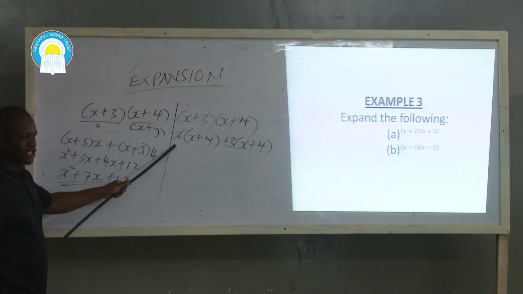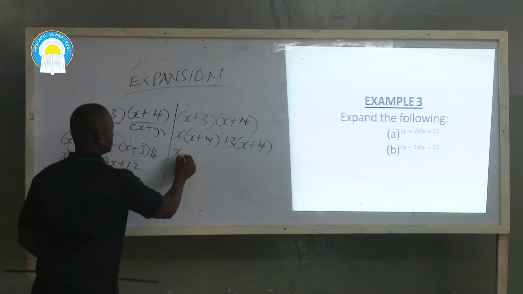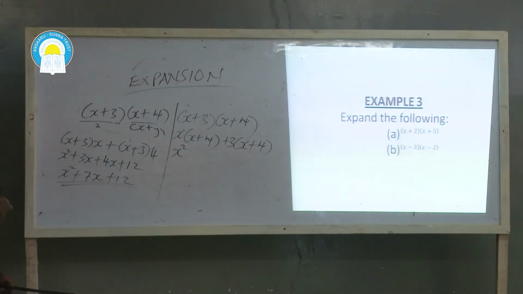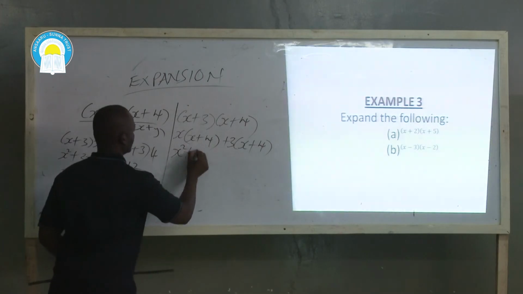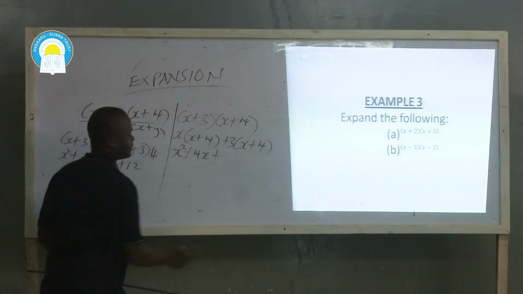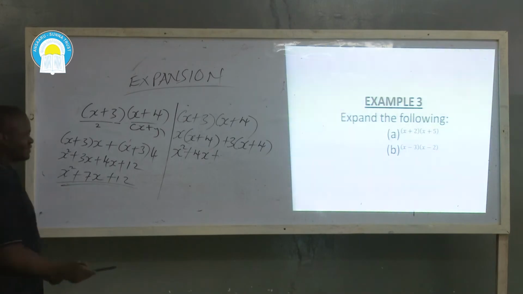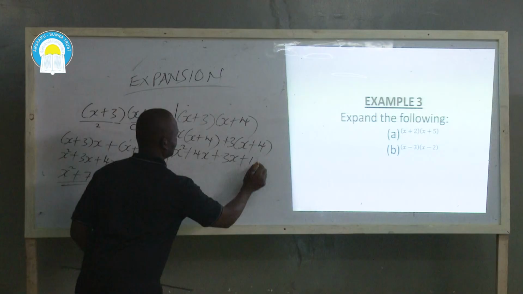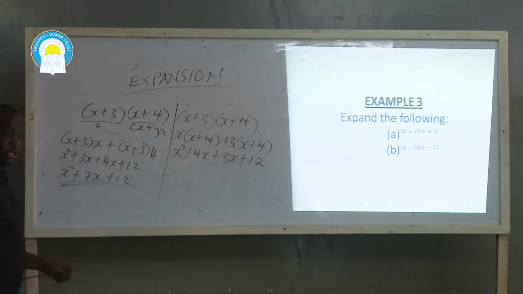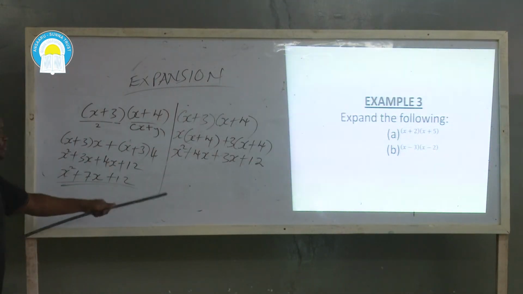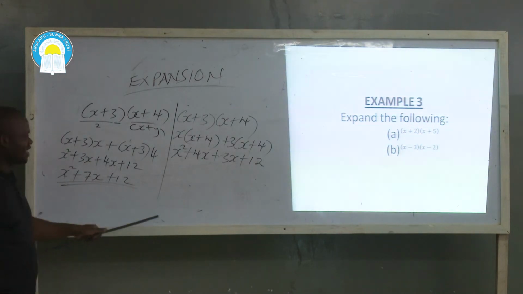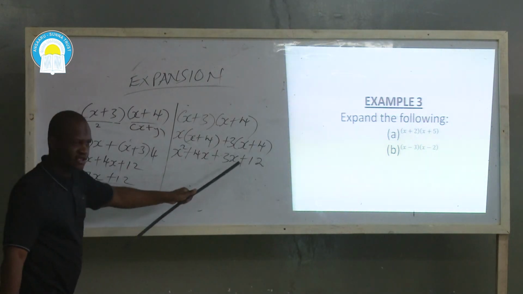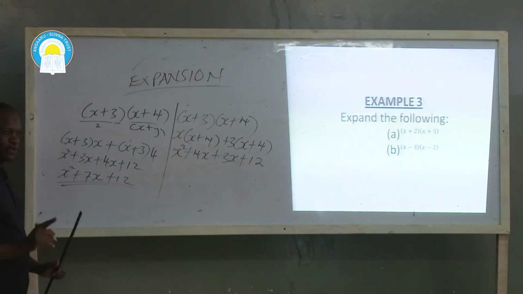So what shall we get here? x squared plus 4x plus 3x plus 12. Then again, put like terms together. This and that. So we get x squared plus 7x plus 12.